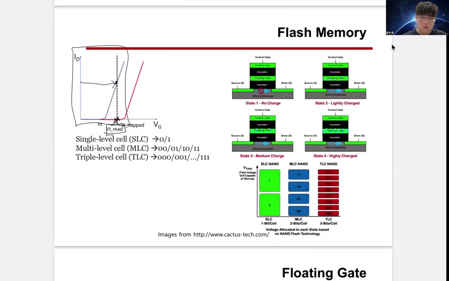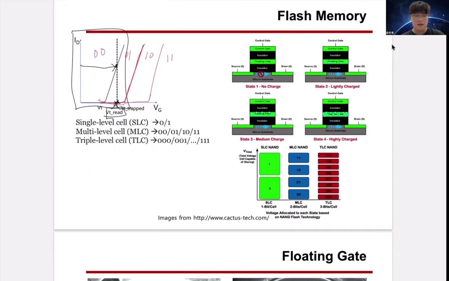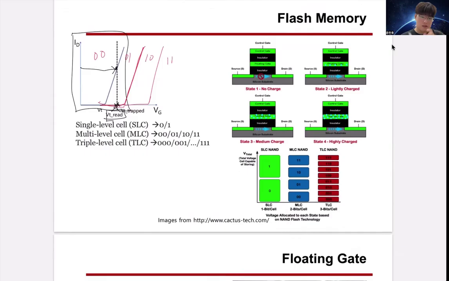And if we see this red line, there are states 0,0,0, 0,0,1, 0,1,0, and 1,1. So if we can control the VT and check the floating gate data, we can make single level cell, advanced multi-level cell, and also triple level cell.